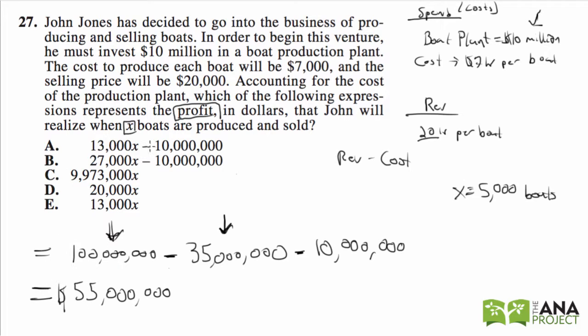Now look at the answer choices. We had to subtract 10 million. A and B look like the only ones that do this. C, D, and E don't. So I'm going to key in on A and B first. I think either A or B should be right, because they're the only ones that subtract that fixed cost of the plant.